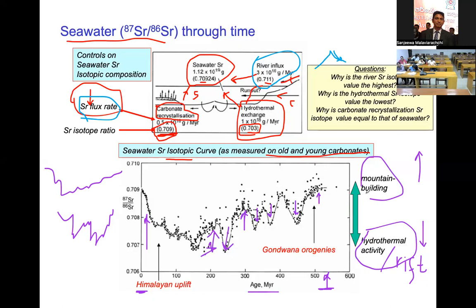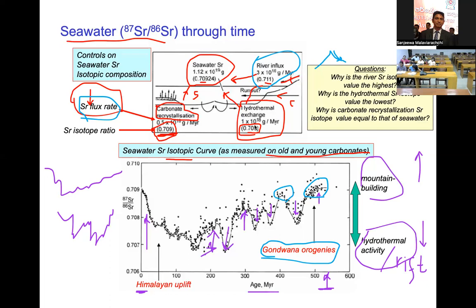So in the case of mountain building, that's why you see strontium isotopic composition increasing in the seawater, right? So you can see Gondwana orogenesis here at about 500 Ma, 550 or 500 around that time. You see strontium isotope composition has increased. And around 400 also there has been some increase, because during this 400 to 500 a lot of mountain building events have taken place.